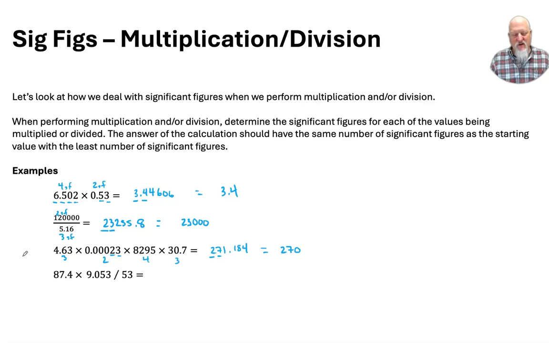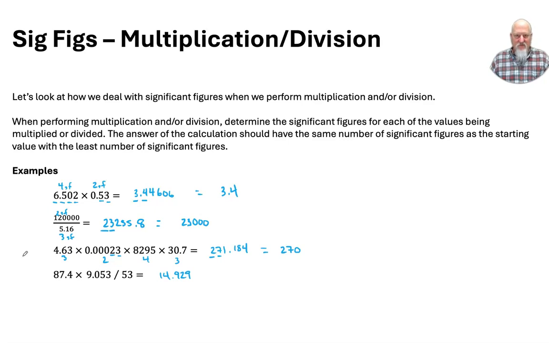Again, we have a mixture of multiplication and division, so we can do the calculation and then figure out significant figures. 87.4 times 9.053 divided by 53 is 14.929.